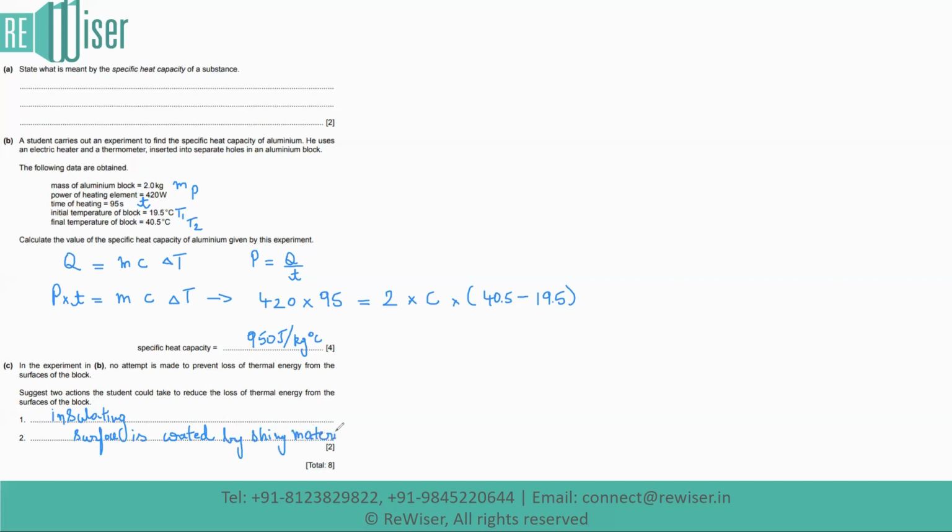What this does is reflect most or in fact all of the heat that is incident on the block, thereby not contributing to its temperature change, making sure the energy that is supplied is in fact the entire energy that is used to figure out its specific heat capacity.